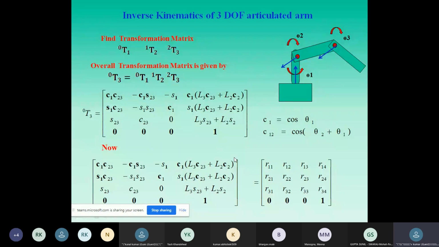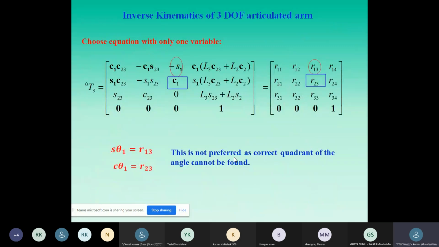So now we have to apply the previous rule. What is the previous rule? First we find the equations which have only one variable. Here R13 and R23 are given, but these are the unknown parts: S1 means sin theta 1 and C1 means cos theta 1.